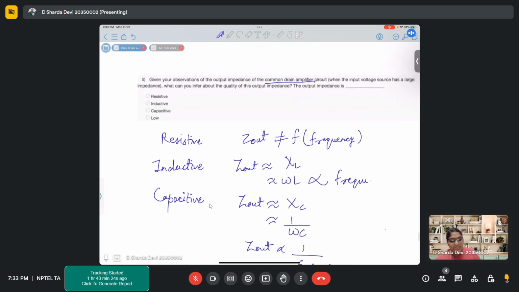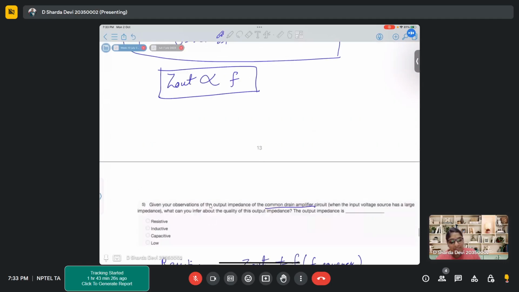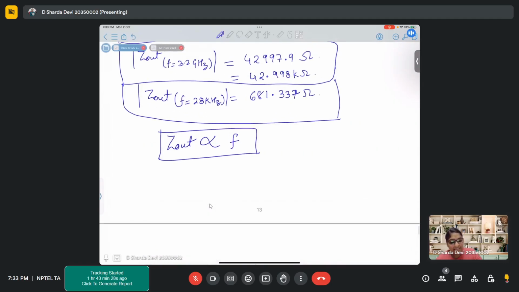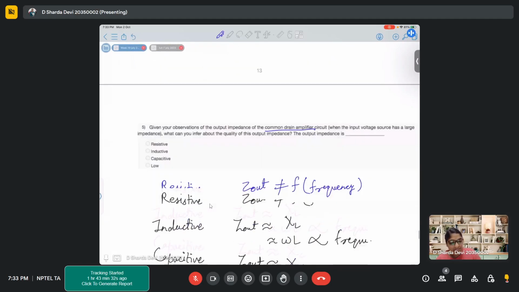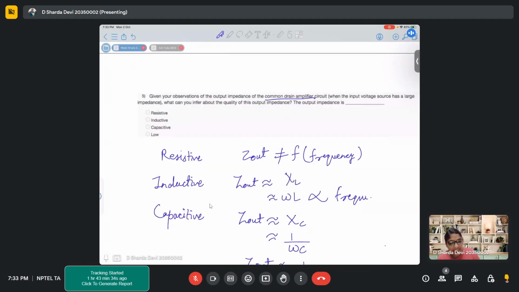So what did we observe? We observed from these two analyses that Z out is directly proportional to frequency, which means your circuit shows an inductive kind of behavior for output impedance. So it is inductive in nature. Is this clear? How did we get it as inductive behavior?